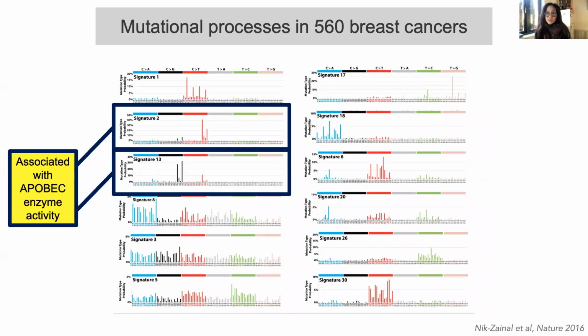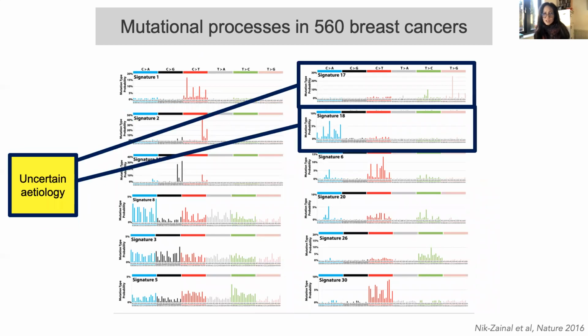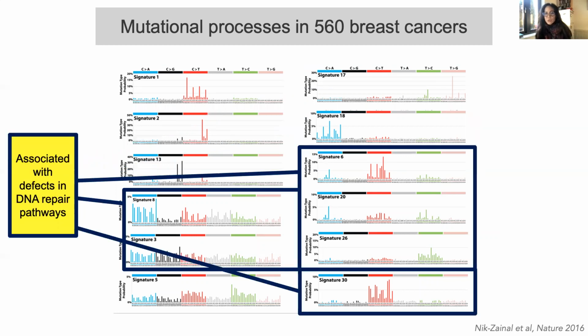Signatures 2 and 13 are due to the activity of the APOBEC family of enzymes. Signatures 17 and 18 in 2016 were of uncertain etiology, and today there are causes for these that have been reported more recently. So the vast majority of mutational signatures, however, are associated with DNA repair pathway defects, including HR, MMR, and BER.